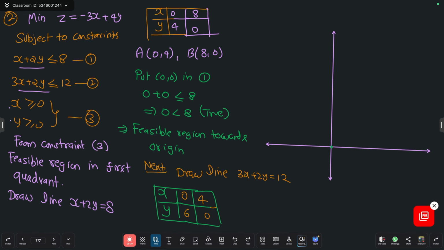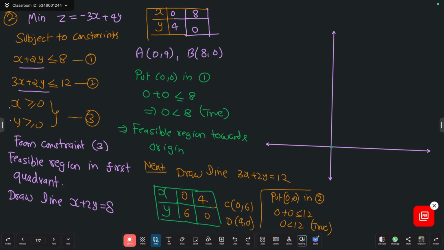Then put (0, 0) in the second: 0 plus 0 less or equal to 12, so 0 is less than 12, true.